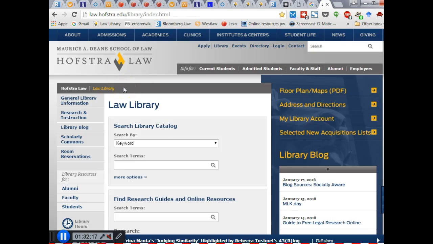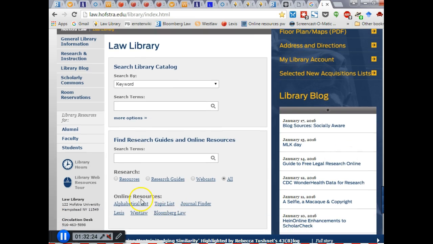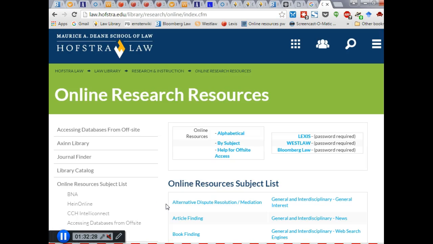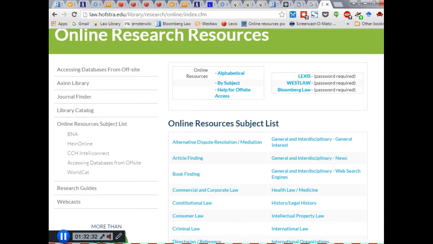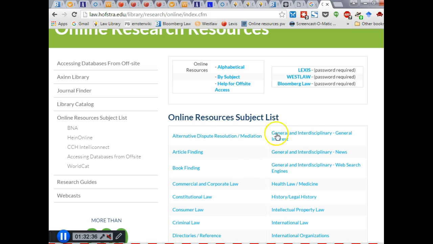So again, starting here on the home page, I'm going to go down to our topic list under online resources. I might go into one of the topics, which is what we'll do in a moment for one database, but I'm going to start here on the left. There's something called CCH IntelliConnect. CCH is a legal publisher.